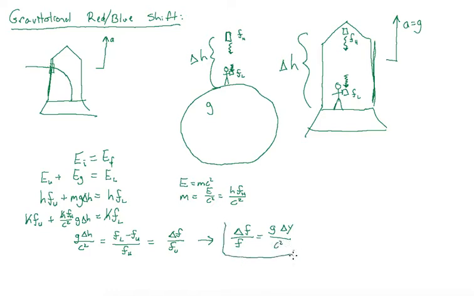And where, of course, delta F is the change in frequency. Delta F is change in frequency. That's always what delta is. And this F is going to be whichever, either high or low. This will actually work. You can do a similar kind of derivation for sending the photon up.